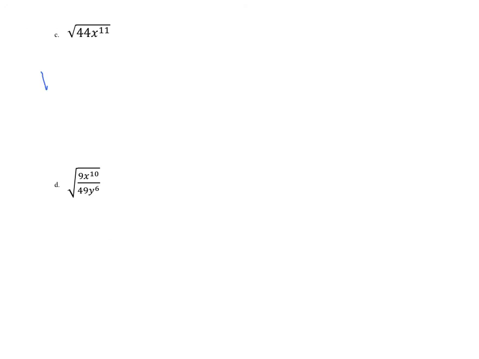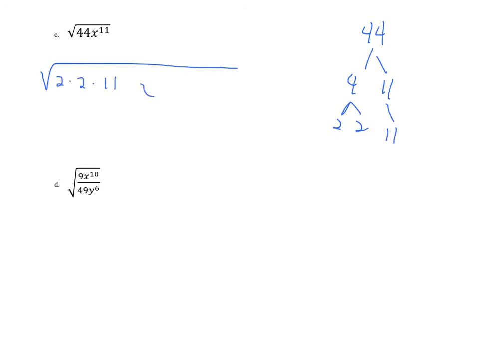Well, 44, if I break her down, is 4 times 11, so 2 times 2 times 11, and then I have 11 x's, which I can write out. Each pair comes out as a single guy. Good? How many pairs can I pull out of there?